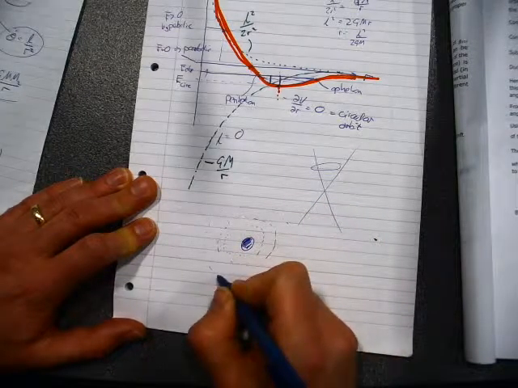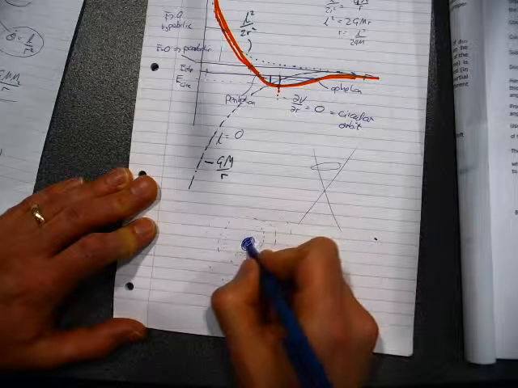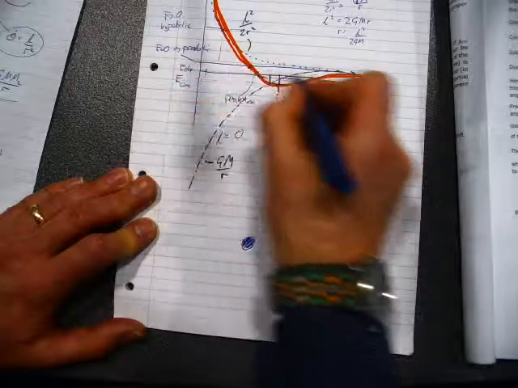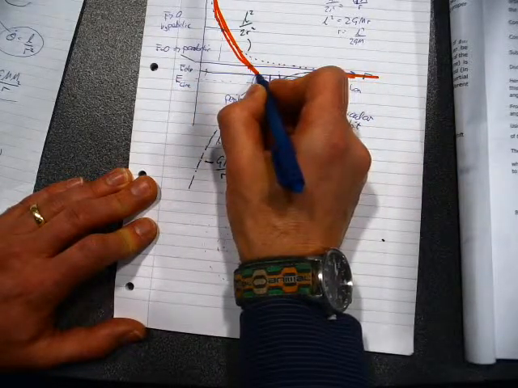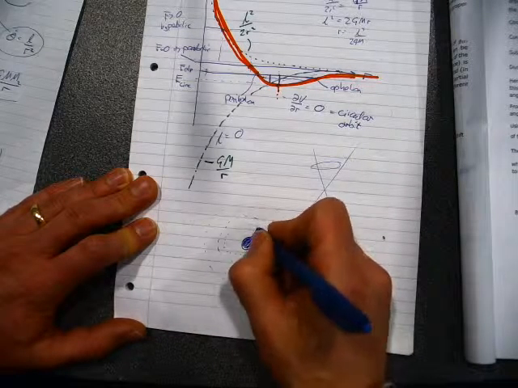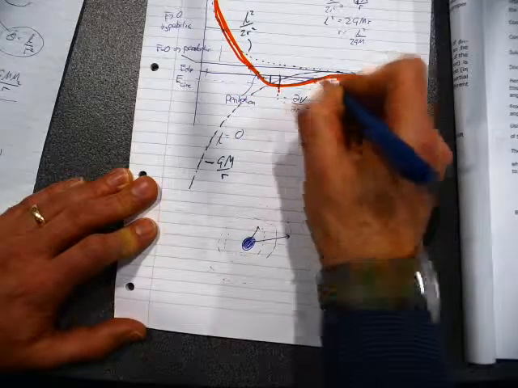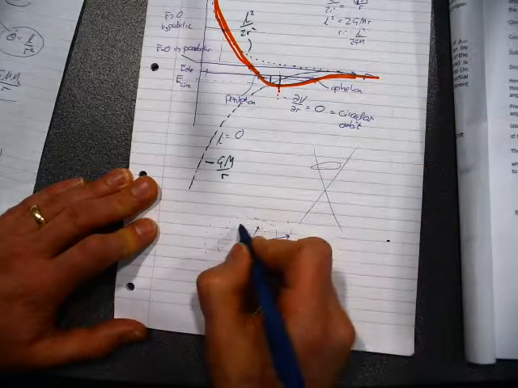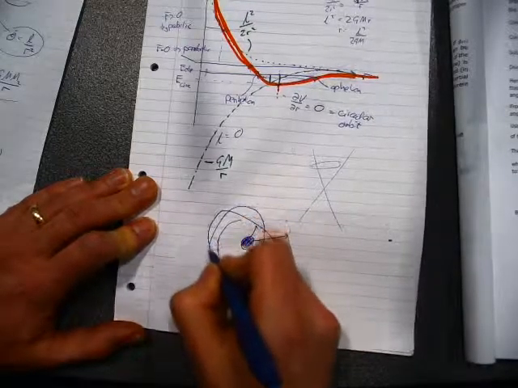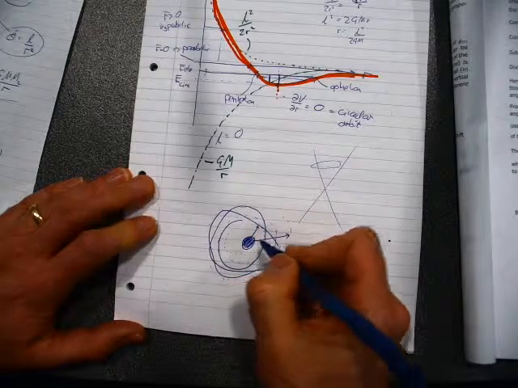So there's my central mass. This is maybe the minimum one, this is the maximum one, and for a given energy, this elliptical one can get no closer than this and no further away than this. So maybe this is the R minimum, this is the R maximum, and whatever the planet does, it's got to do something in between those. You don't know quite what it's doing, but it can't go closer than the minimum, it can't go further than the maximum. It's somehow stuck between them.